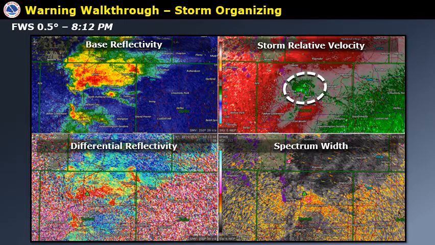We do see some slight concavity in the differential reflectivity field, as well as an indication of increased size sorting as the smaller hydrometeors are transported away from the core with just the larger hydrometeors remaining. This size sorting implies increased low-level shear necessary for possible tornadogenesis.